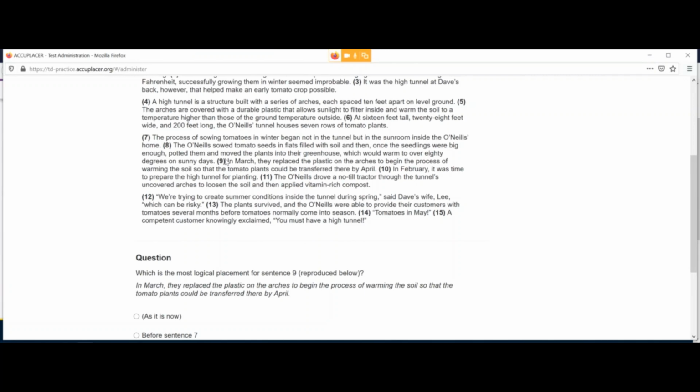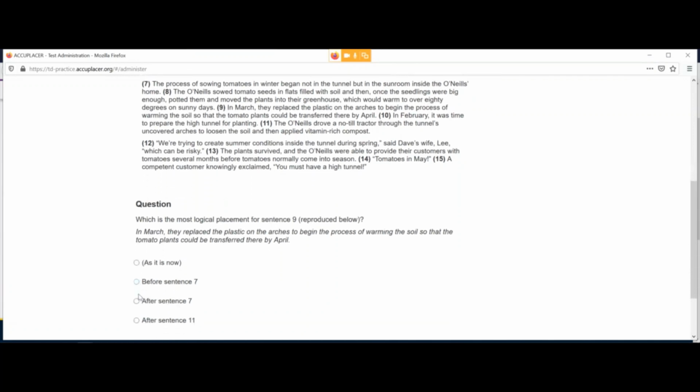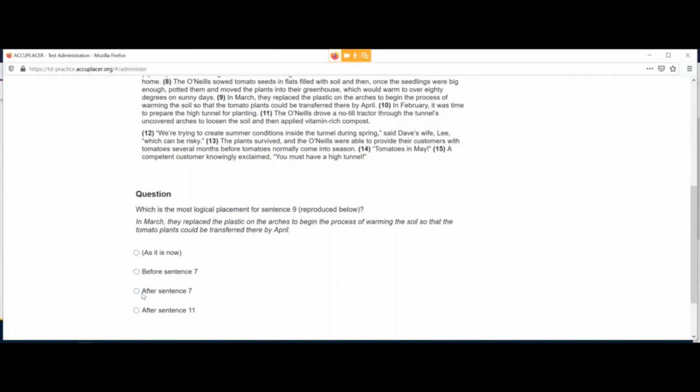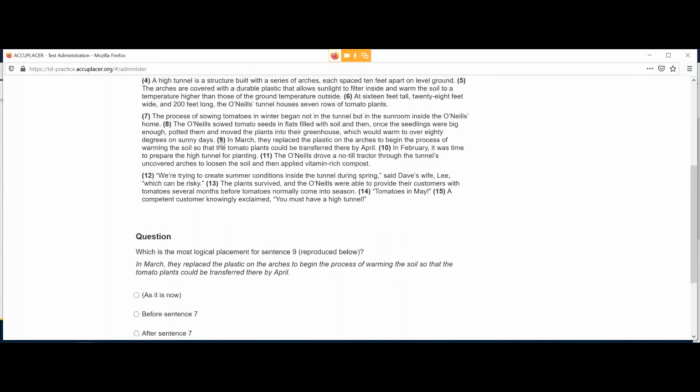And the question is, where should it be moved to? Is it okay as it is now? Should it be before sentence 7 or after sentence 7 or after sentence 11? Okay, well, what does sentence 9 talk about? It talks about plastic on arches, replacing plastic on arches to begin the process of warming the soil.